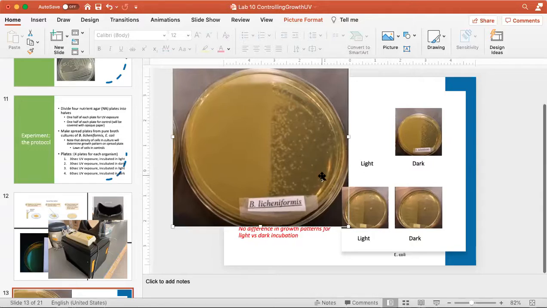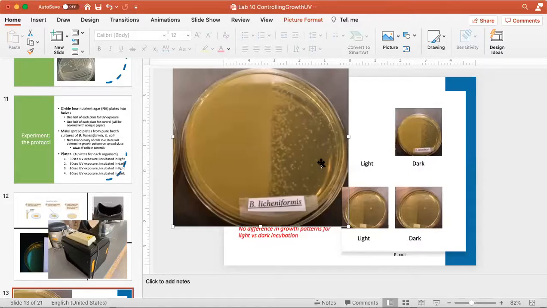There's no growth. But some of the cells did grow, and that's why I got colonies. Some of the cells divided. They survived, they grew, they divided, they made colonies. Some of them didn't. So I see an effect here. I see an effect after 30 seconds of exposure because some cells were not able to divide.